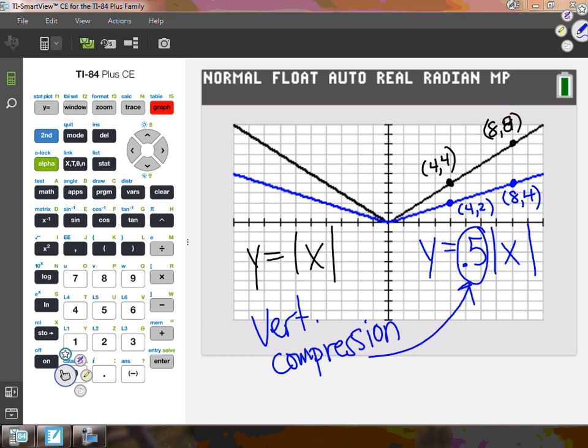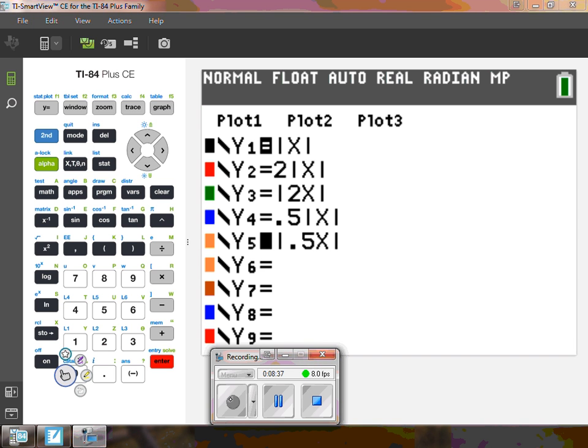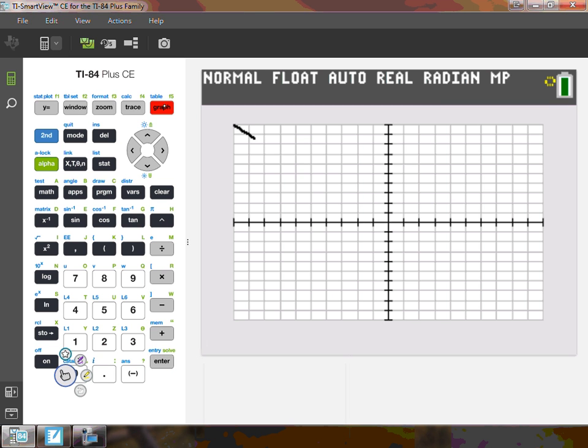Let's clear the screen, and we'll see what happens when we have a 0.5 on the inside. Here we are. We're going to have the original in black, and the compressed or stretched function in orange. We're going to see what happens when a fraction like 0.5 is on the inside next to the x. I want you to think about how it affects the inputs.